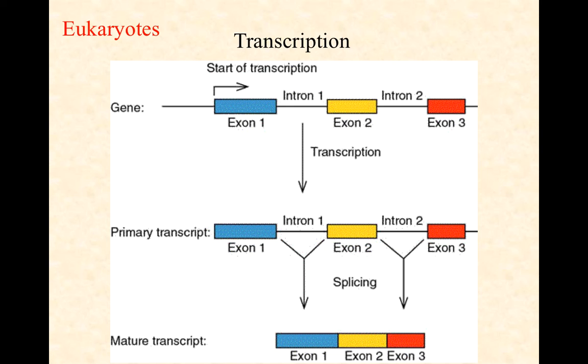That's an mRNA that only has the exon sequences, and the intron sequences have been completely removed. Two other steps happen. Something called a cap is added at the left-hand side of this transcript, and a tail is added at the right-hand side of this transcript. And all that is required for this molecule to be exported from the eukaryotic nucleus and then attached by a ribosome for translation to take place.